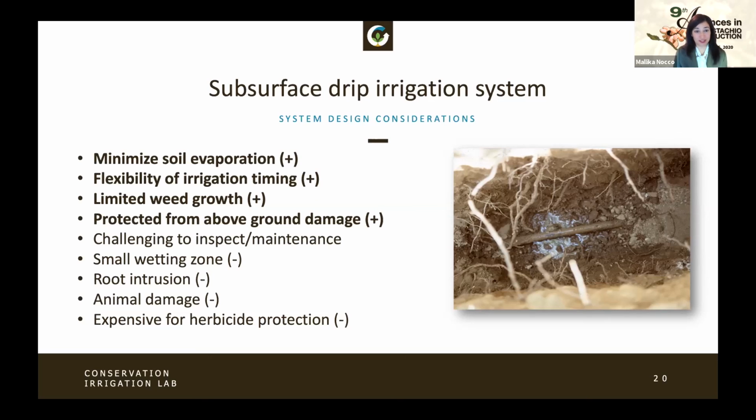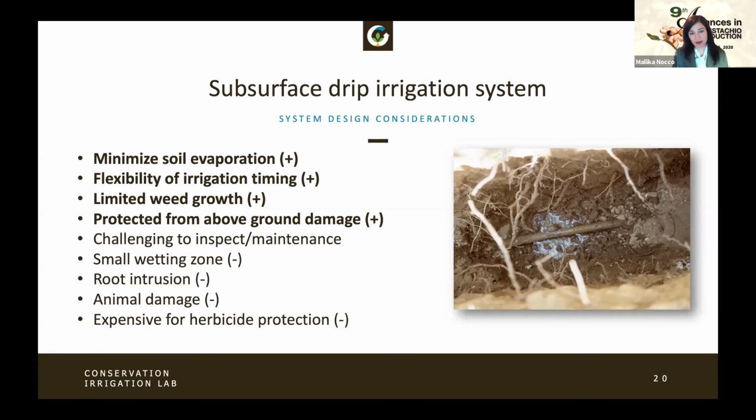If you have a subsurface system, it can be challenging to inspect and maintain. The wetting zone is smaller. There can be this root intrusion issue, especially thinking of perennial crops. This is a big one, right? Thinking about trees over a long period of time. There can be animal damage below ground, vermin damage below ground, and then it can be very expensive for herbicide protection.